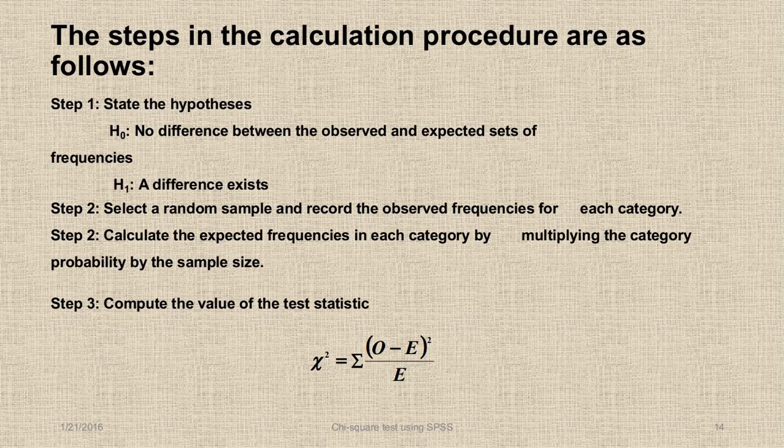Then in the second step, we collect the random sample, record the observed frequencies for each category and arrange them in a contingency table. Calculate the expected frequencies for each category by using the compound probability theorem, and finally calculate the chi-square test statistic using this formula.